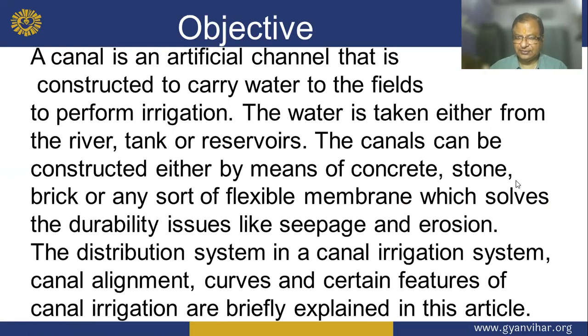If you are constructing a barrier on the river, making a wall on the river, the water level goes up, takes the shape of a pond, and gradually becomes a bigger and bigger pond.